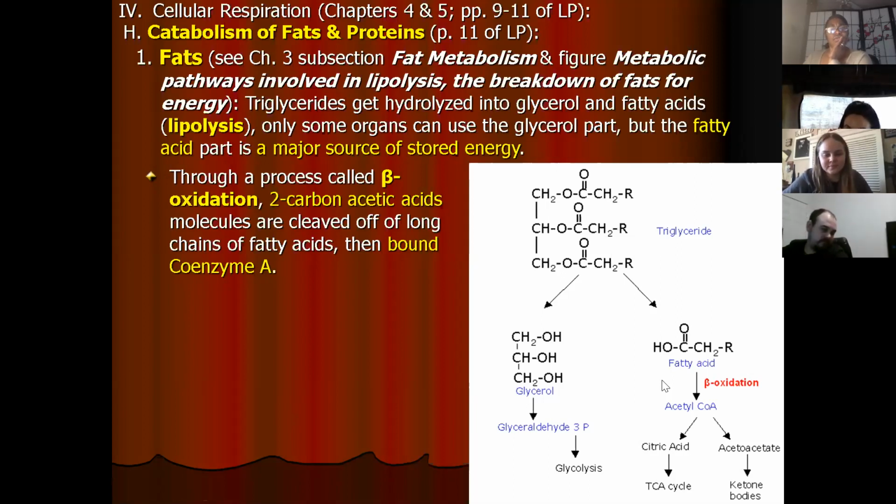All right, so remember triglyceride is a glycerol, and I'm just going to draw it like that, 3 carbons, and it's going to join up with 3 fatty acids, which are long chain hydrocarbons. So this is a triglyceride.